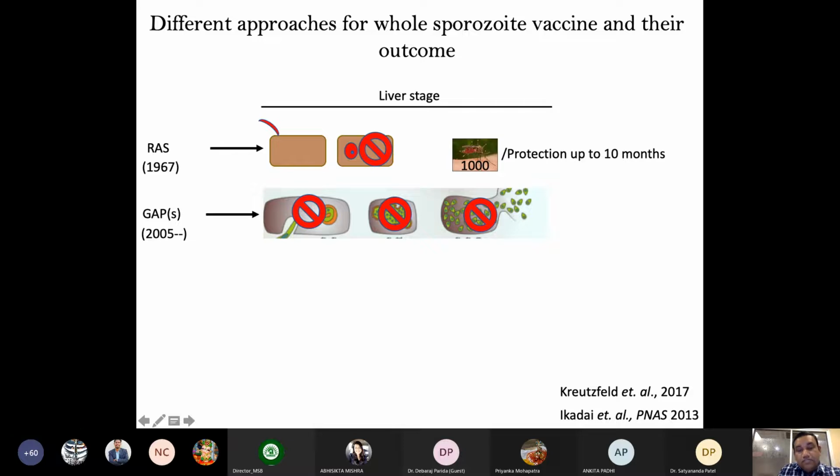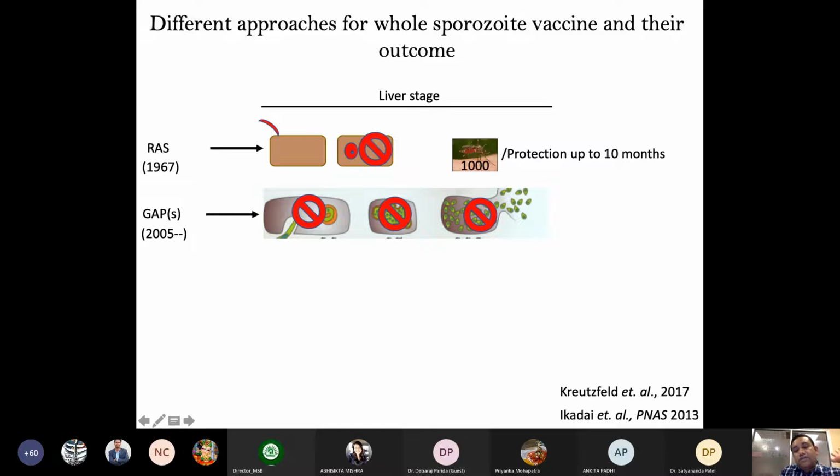What it uses is that they target specific genes which are important at a particular stage in the liver development. So you knock out that gene, and conceptually the parasite should stop at a particular stage, like early liver stage, mid liver stage, or late liver stage.